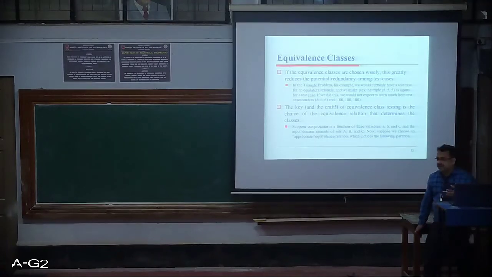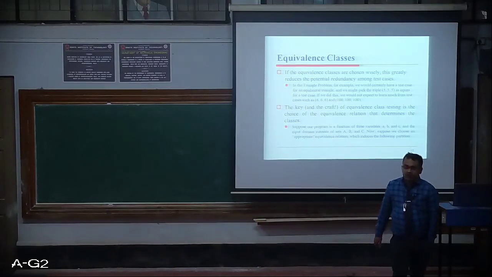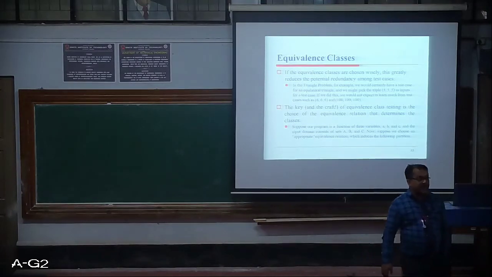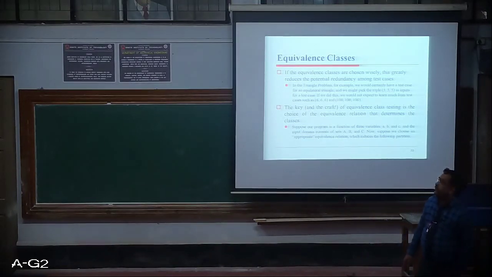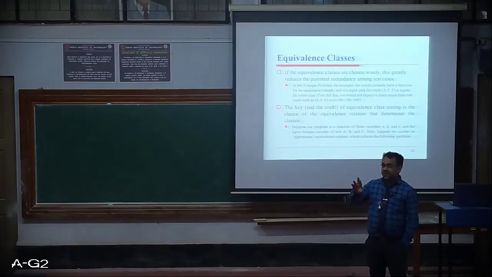Take one example here. Suppose we are generating test cases for the triangle problem. Now we are trying to determine that a particular triangle is an equilateral triangle. So the equivalence relation is basically from those which are equilaterals.